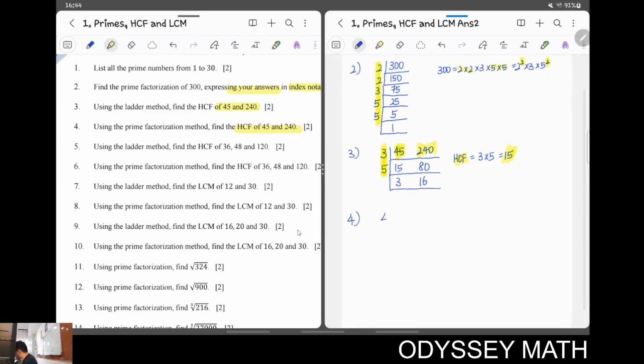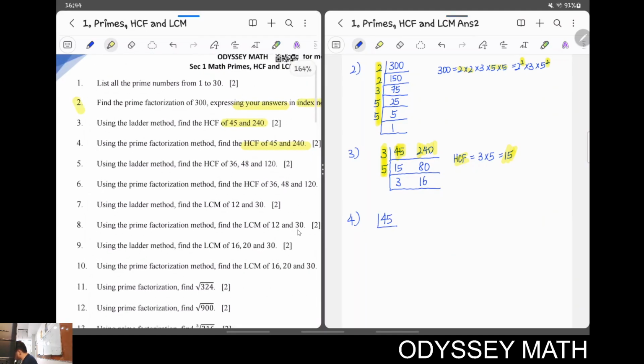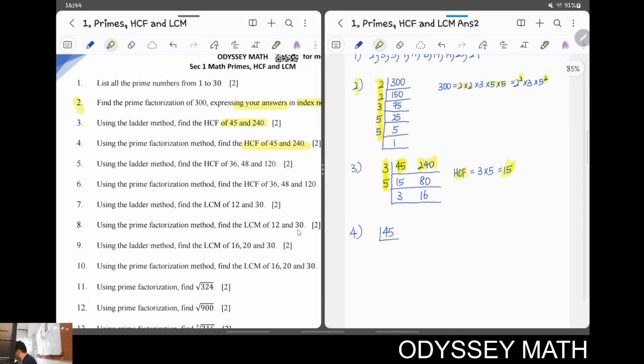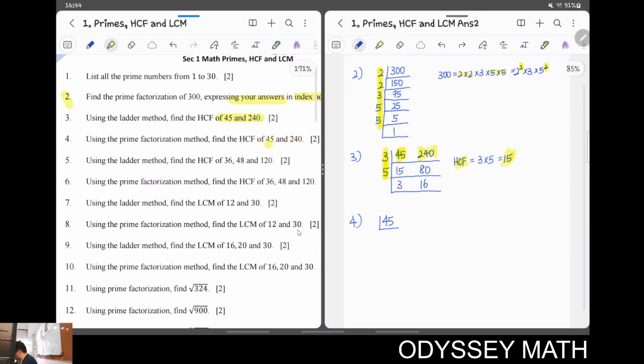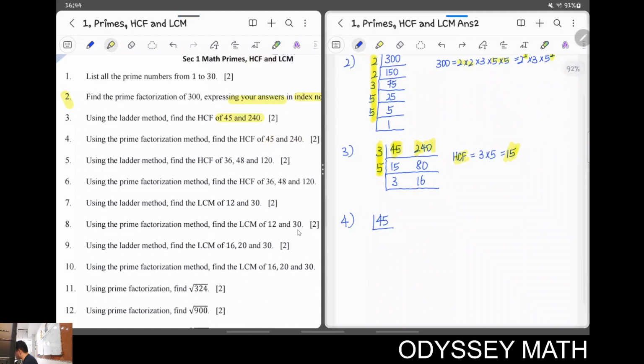For this method, you have to recall question number 2, how you prime factorized 300. We have to prime factorize 45 and 240 separately. So for 45 over here, we're going to prime factorize it. We start with 2, the prime numbers.